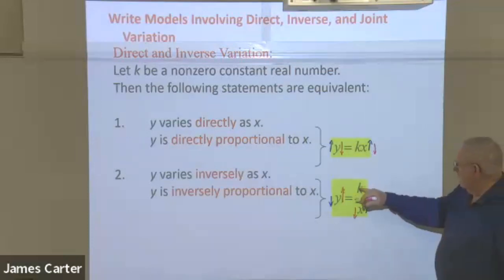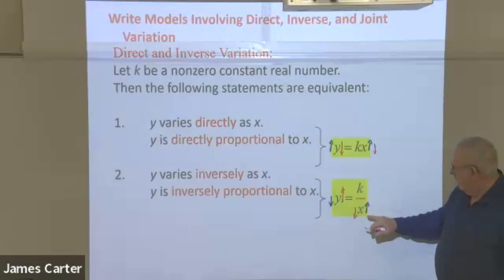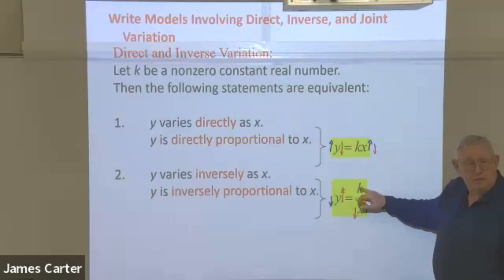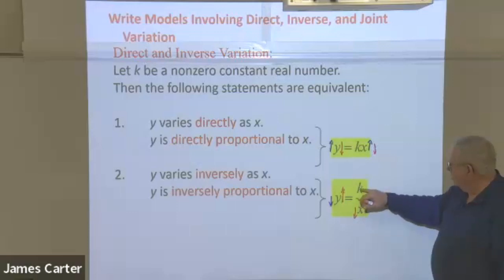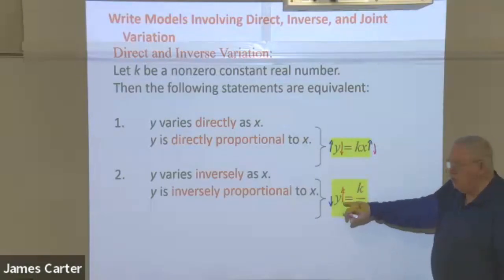Well, let's say this is 20 and this is 10. 10 goes into 20 two times, so the answer for Y would be 2. I didn't pick a good example. Let's use 40 and 10. 40 for K. If this is 10, then you would have 4.